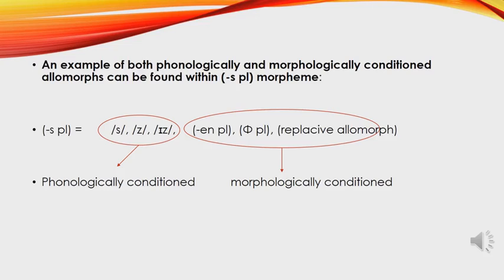But the en plural allomorph, the zero plural allomorph, and the replacive allomorph are morphologically conditioned because the selection of each one of them depends on identifying a specific morpheme. So the S plural morpheme has both types of conditioning, the phonological and morphological conditioning, in the selection of its allomorphs.